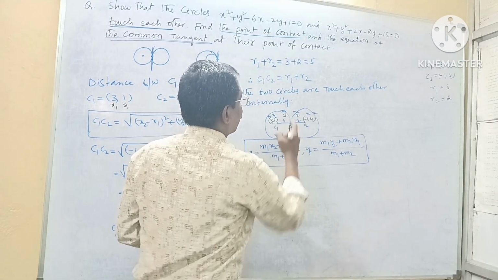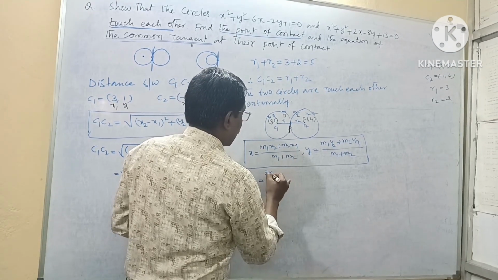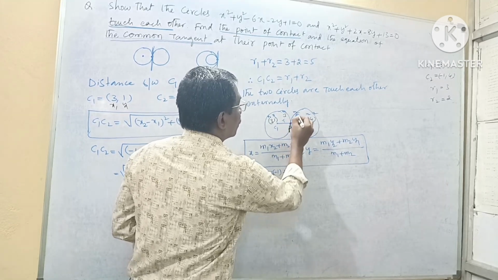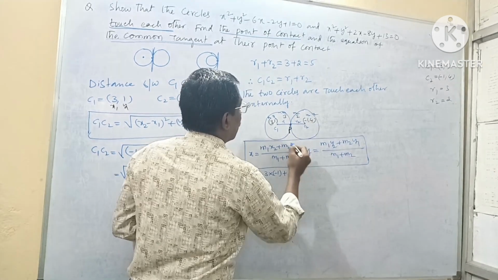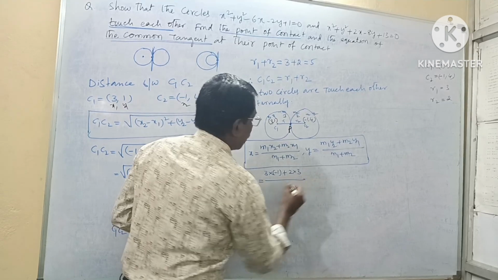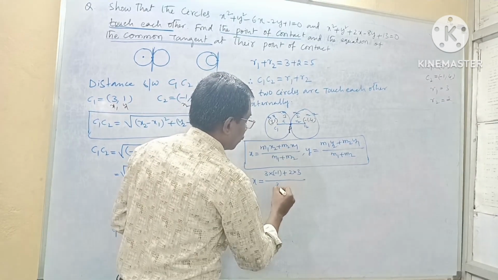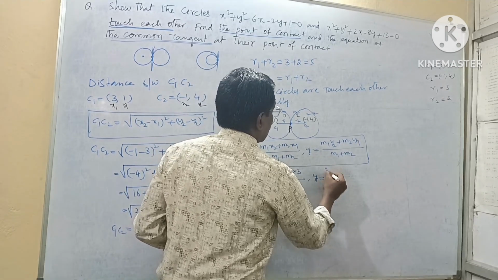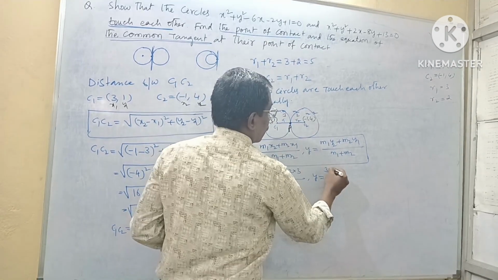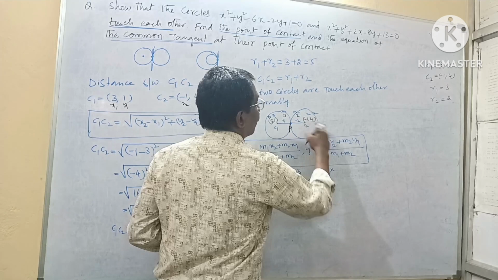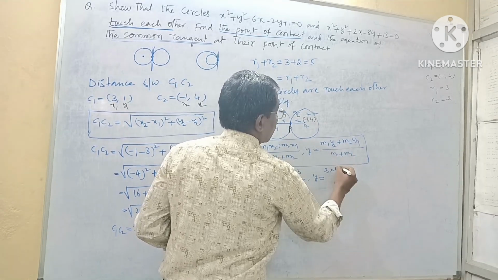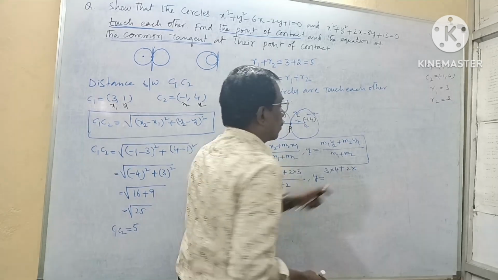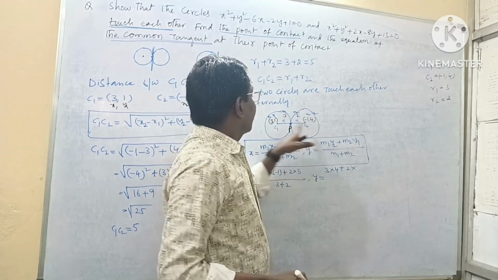So m1 is 3 into x2 which is minus 1 plus m2 which is 2 into x1 which is 3, by m1 plus m2, 3 plus 2. Y is equal to m1, which is 3, into y2 which is 4, plus m2 which is 2 into y1 which is 1.